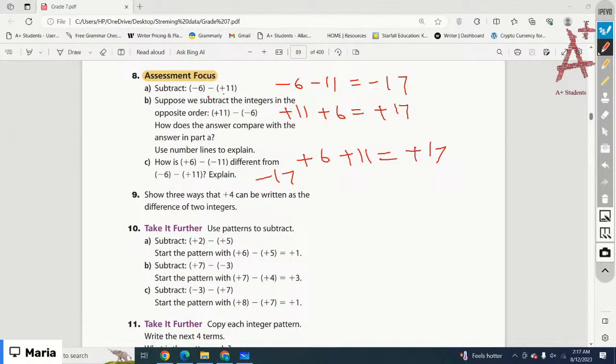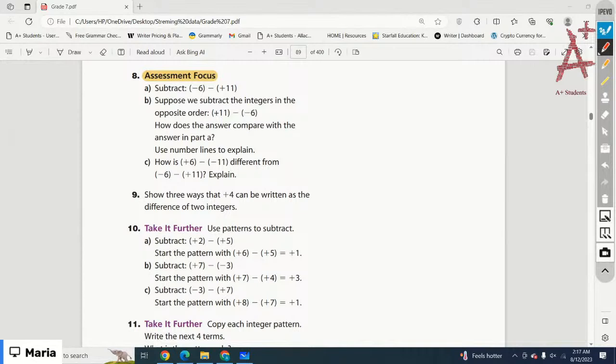Let's do question number 9. Show the three ways that positive 4 can be written as the difference of two integers. You have many ways you can write positive 4 as a difference of two integers.